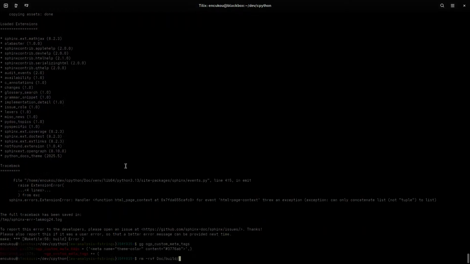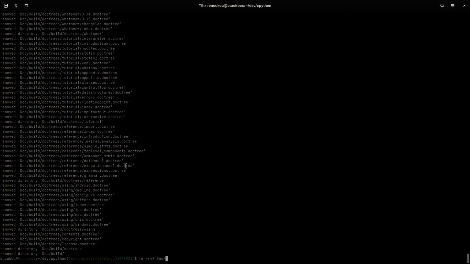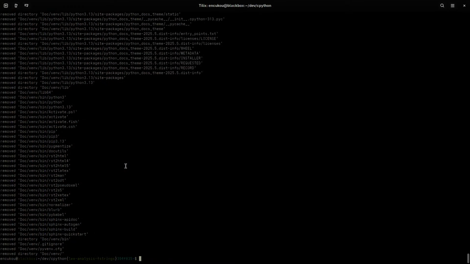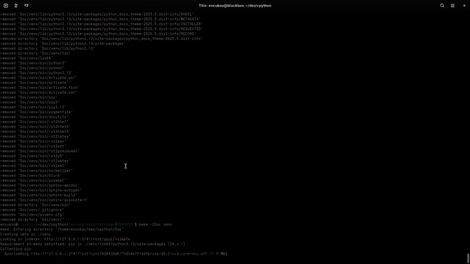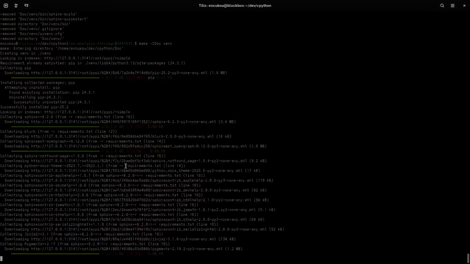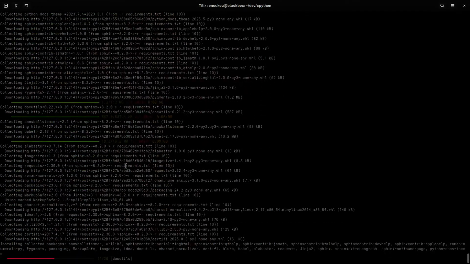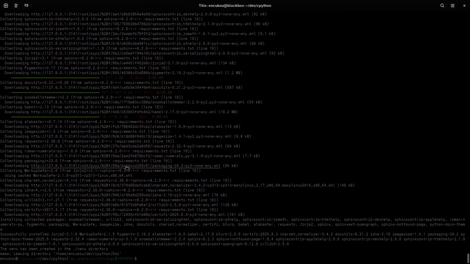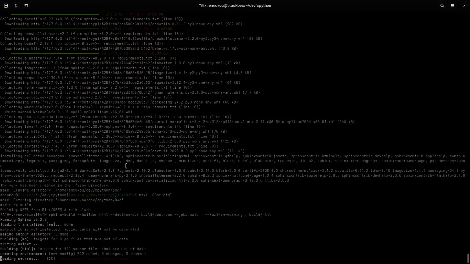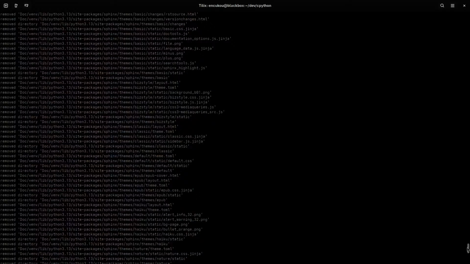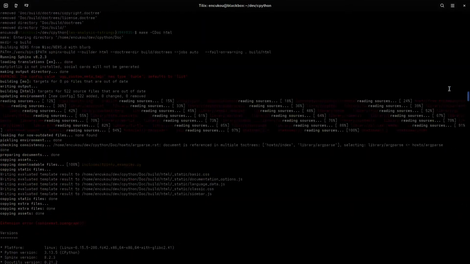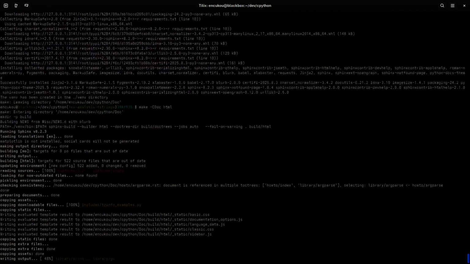Should I also remove the venv and recreate that to get the newest version of Sphinx? That's 823, and it was before the same, so I guess that won't work.